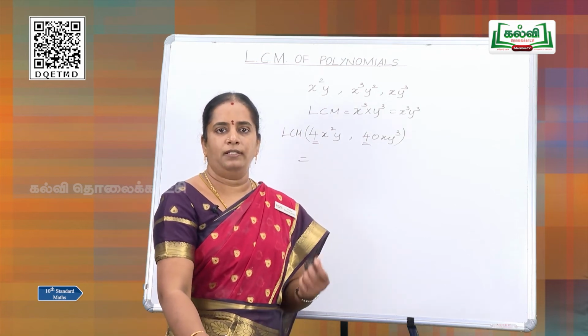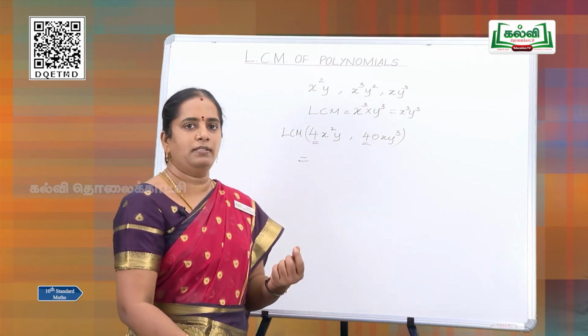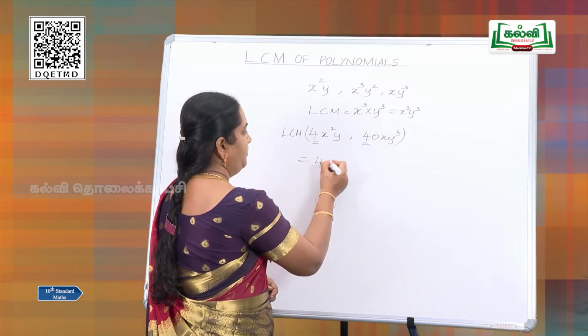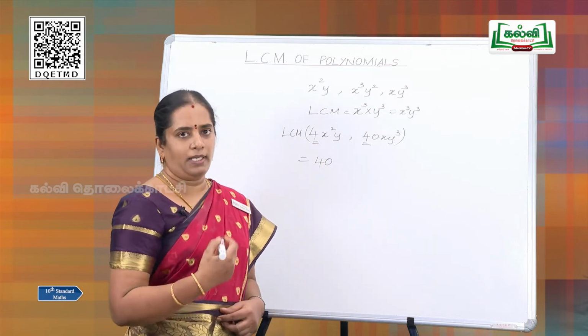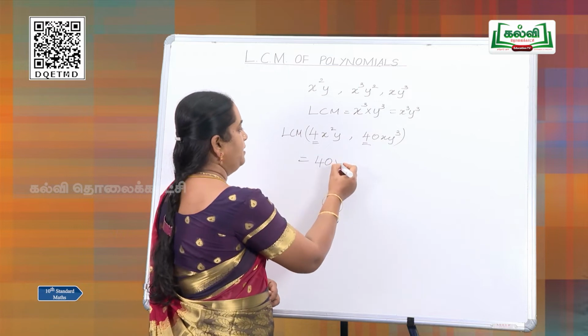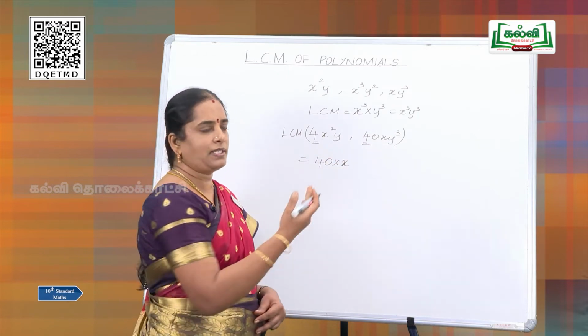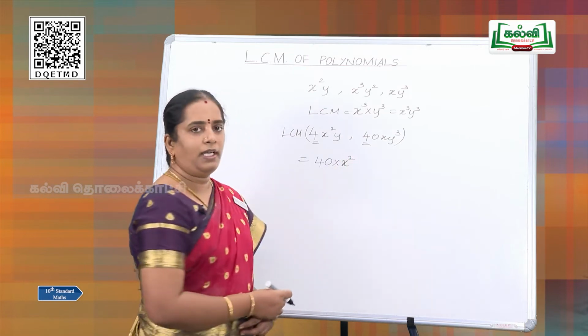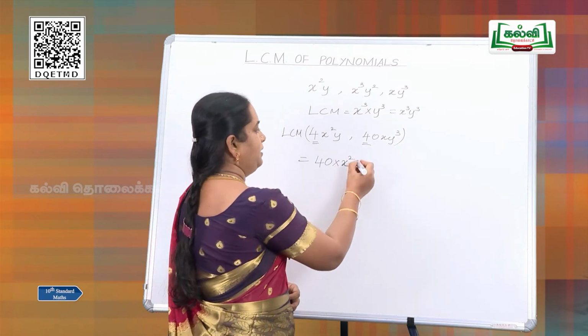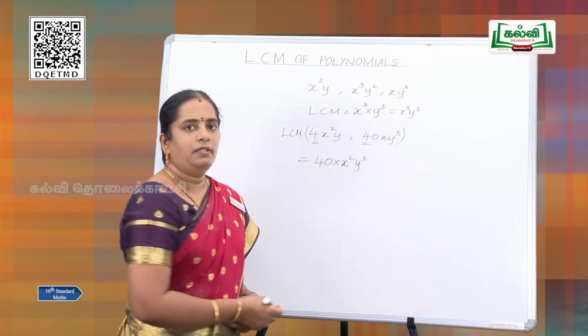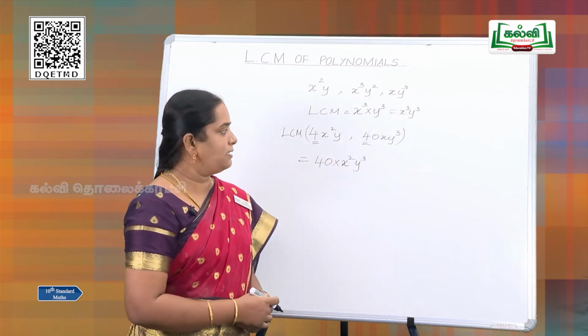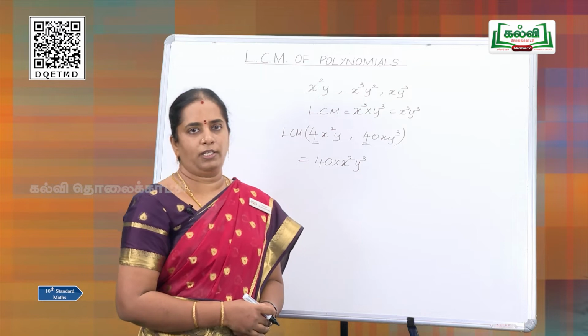You know very well the LCM of 4 and 40 is, very good, 40. Then for the expressions, the highest power of x here is 2 and the highest power of y here is 3. So the LCM of these expressions is 40 x square y cube.